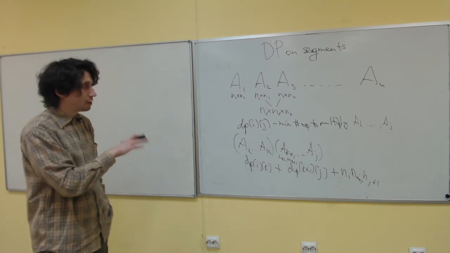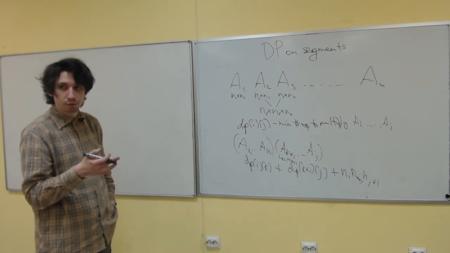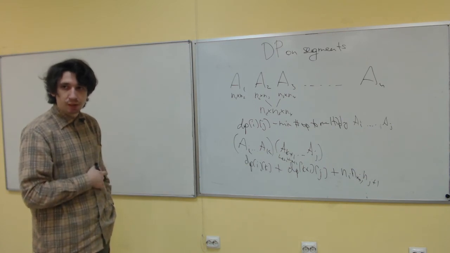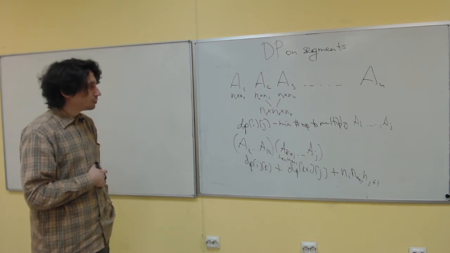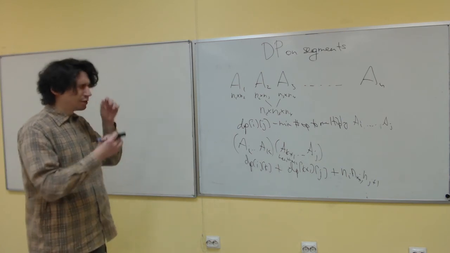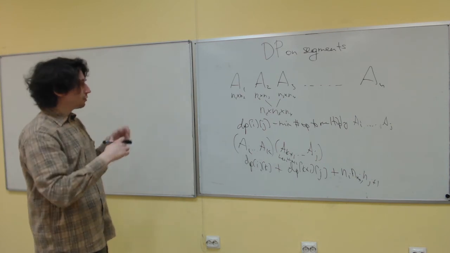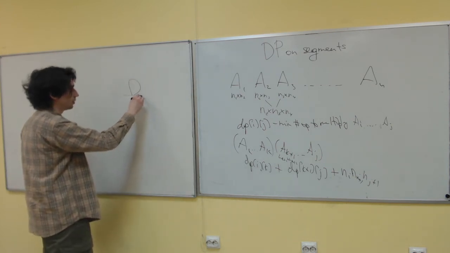This thing, dynamic programming on segments, you will be faced with in the bioinformatics algorithms next year. There is a problem where you're given an RNA, so it's one strand, and one strand can do some strange things like that. I think you've seen something like that.